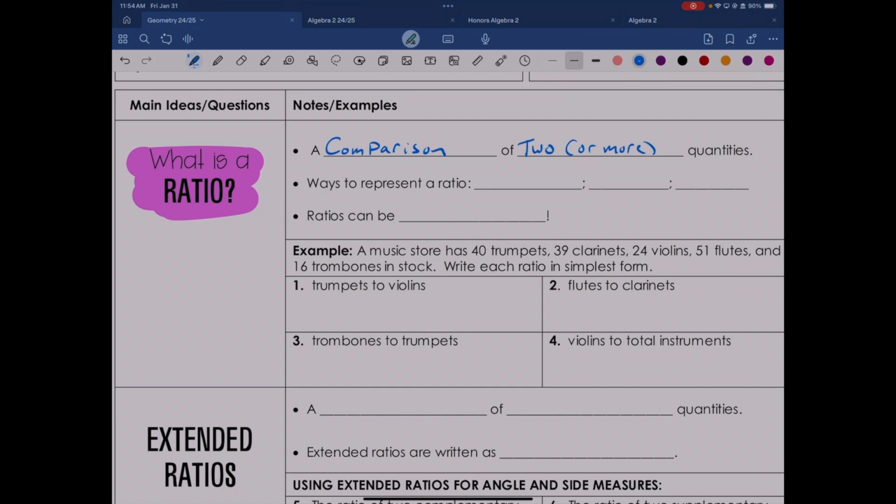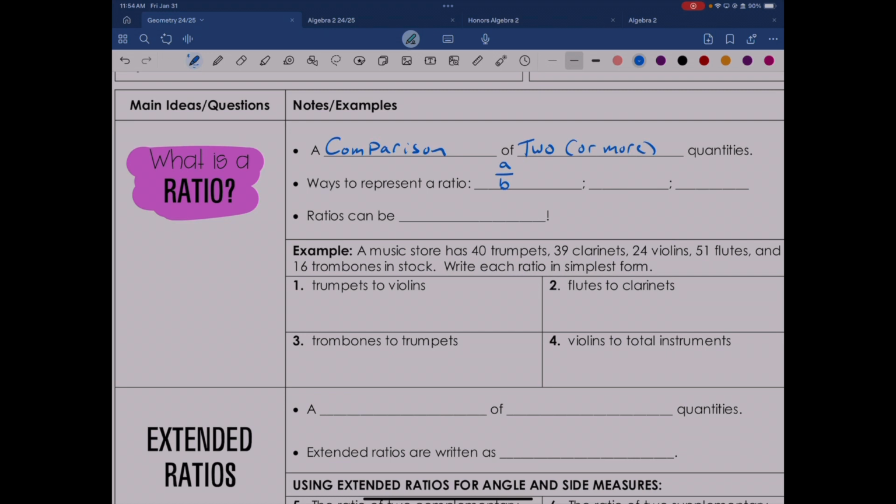Different ways that we represent ratios. One of the ways we represent a ratio is the way that you're familiar with, A over B. That's just a fraction. That's what ratios are. They're just a fraction, but when we're talking about ratios, we're talking about comparing two things. The price of gas per gallon, how many people play the trumpet as opposed to how many people play the violin, how fast you run, how fast I run.